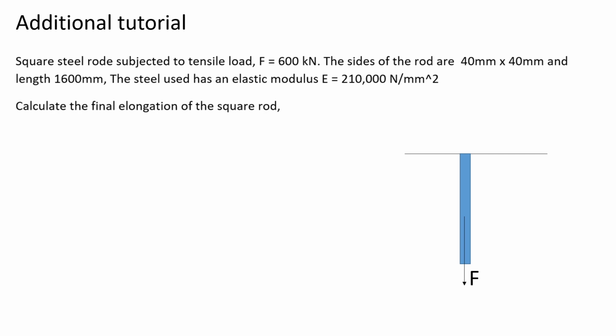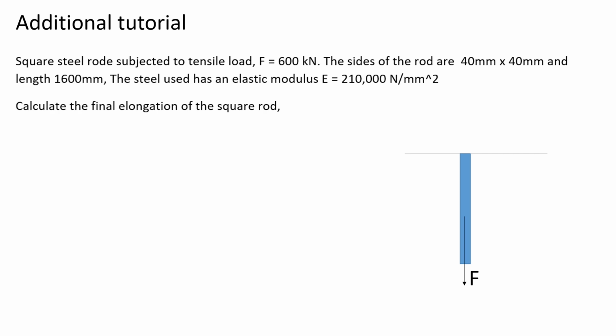We do the exact same thing. Write down all the variables that you know that you have. I've got F. I know the sides of the rod, 40mm by 40mm. So I should know my area. So I've got F, I've got my area. I've got my L, 1.6 meters. Steel used. Now, generic steel is always going to be, not always, sorry.